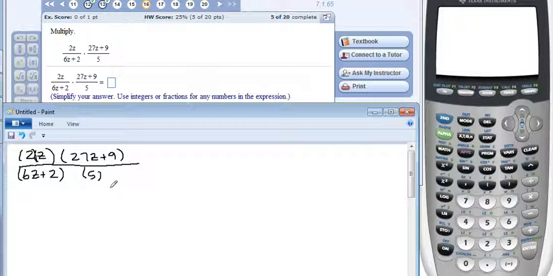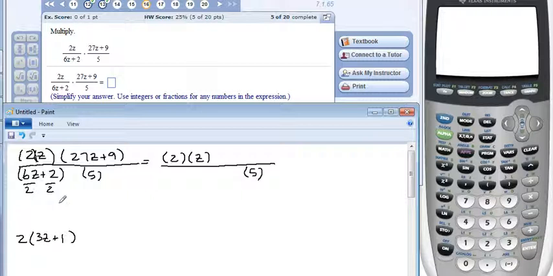All right, so I'm going to analyze what can I change, what can't I change. Well, a 2 and a z and a 5 are all prime. There's nothing I can do with those, so I'm just going to keep those the way they are. Now, 6z plus 2 has a GCF of a 2 in it, right? So if I divide through by 2, I've got 3 z's plus 1.